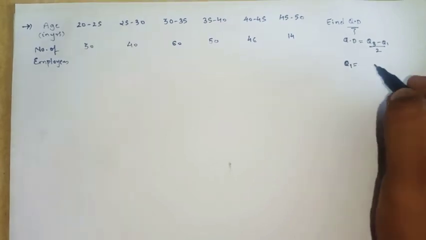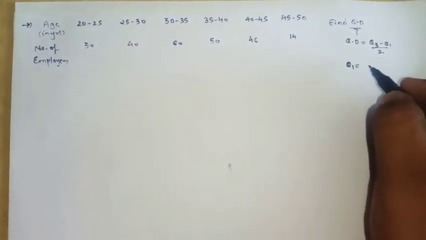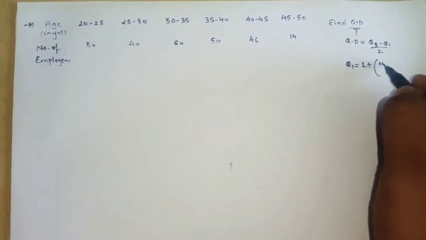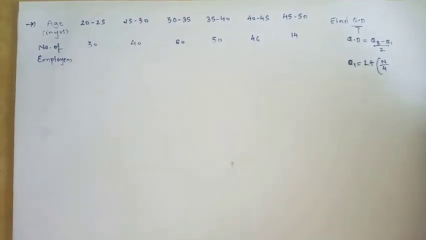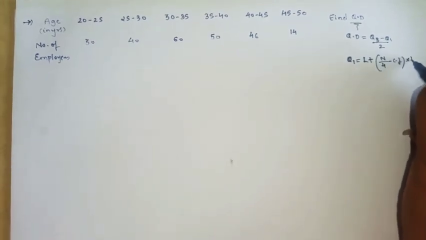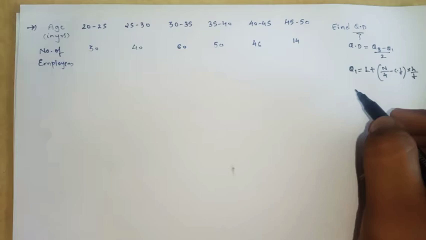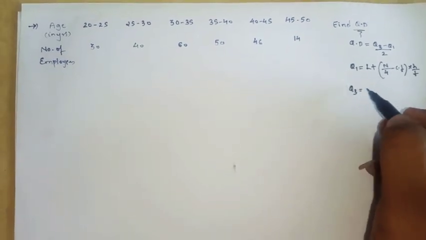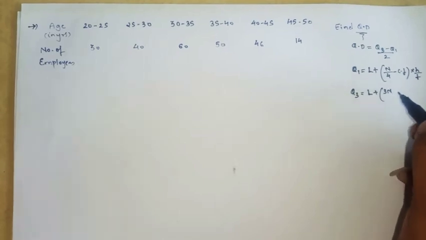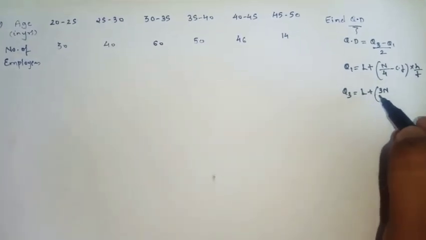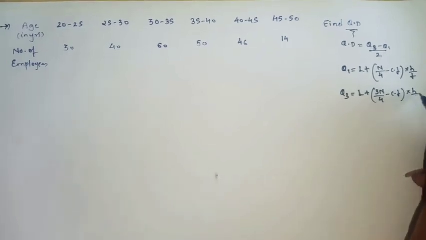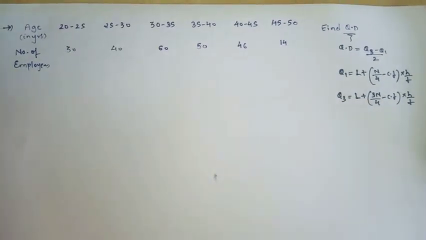We know that to find Q1 we apply the formula L plus N upon 4 minus CF into H upon F, and for Q3 we apply the formula L plus 3N upon 4 minus CF into H upon F. Yes or no?